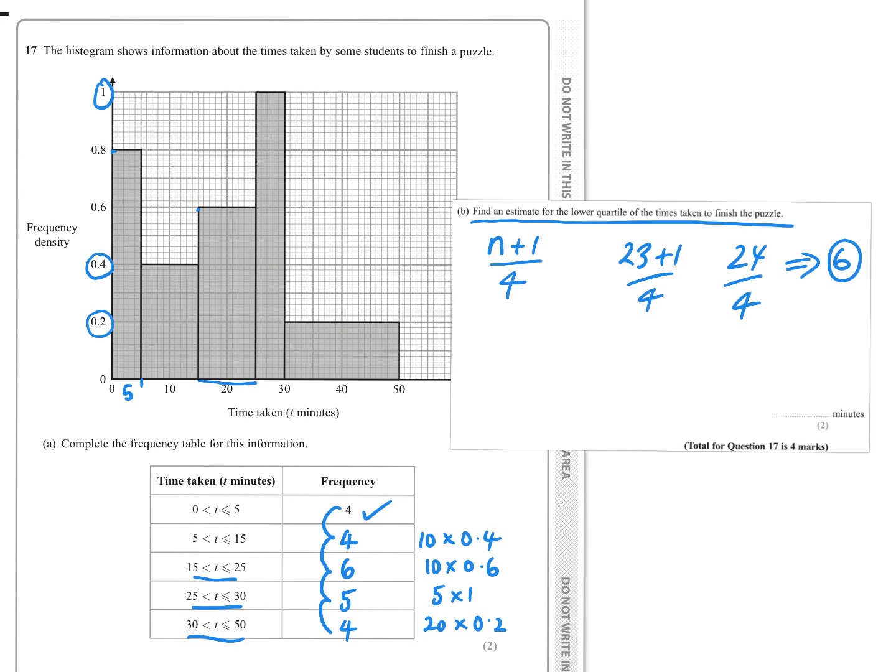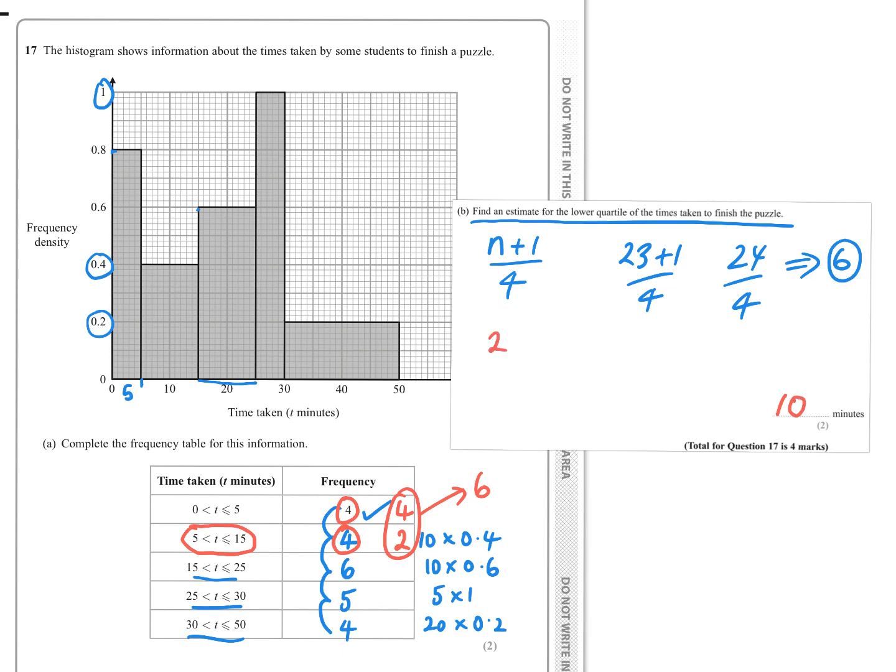And if we look carefully, cumulatively, we've gone 4 so far if we take the first interval, and we want to go to the 6th one, so we want to go halfway from here to make a total of 6 altogether. And halfway between 5 and 15, well, 5 and 15 is 20, halved is 10. So 10 minutes would be perfectly acceptable.